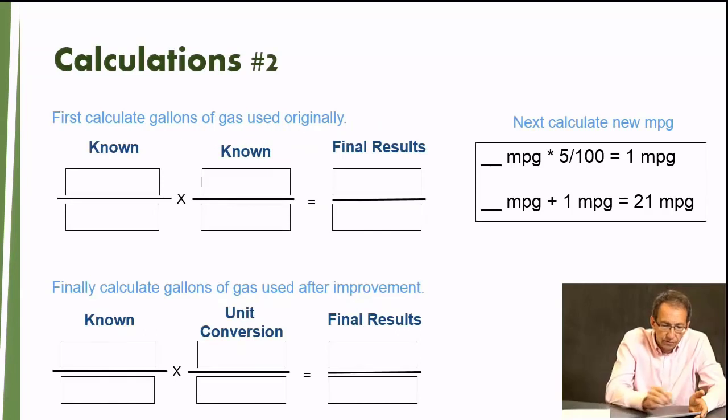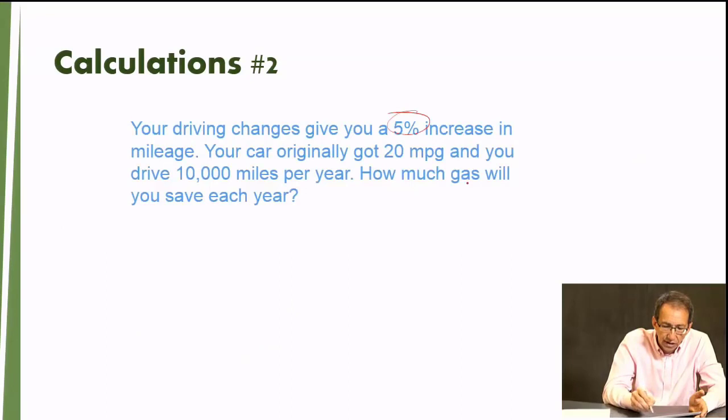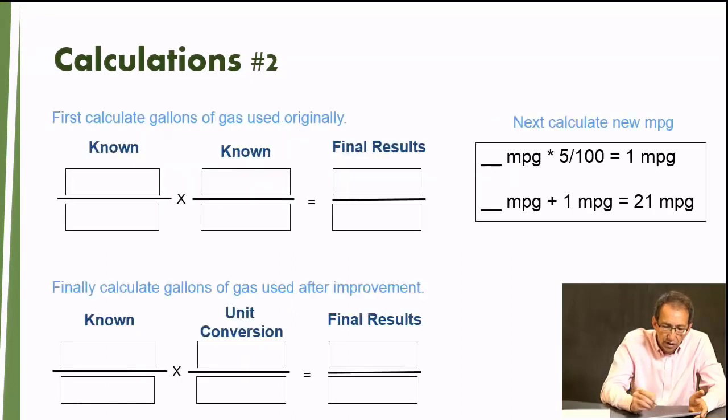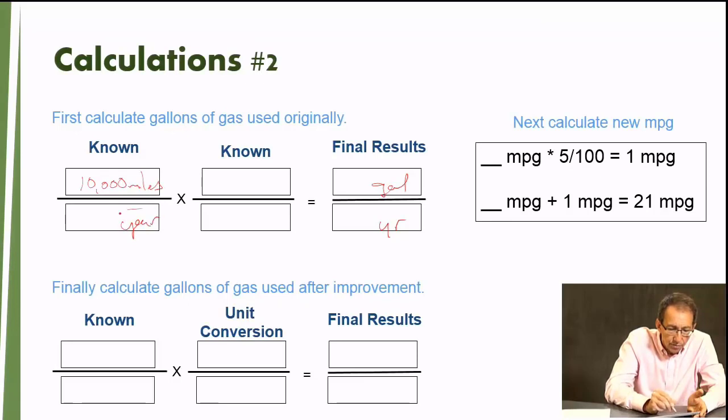Okay, first off, what we're looking for, once again, is how much gas will you save each year? So I want gallons per year. That is my final answer. Remember, that's what we're looking for. And what I know is that I am traveling 10,000 miles per year, so I get the year on the bottom.